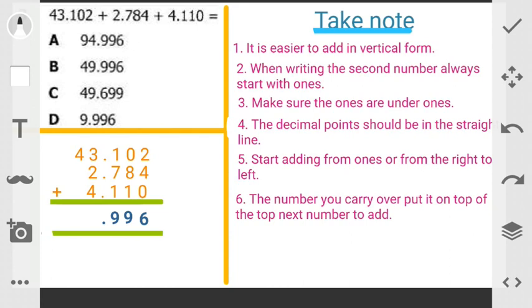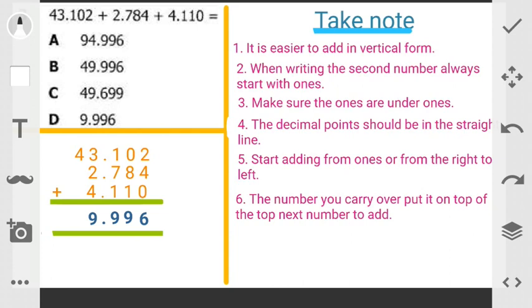We are saying 3 plus 2 plus 4. What is the answer? The answer is 9. So we have written 9 there. Then we have remained with 4, so we are just saying 4 plus 0 plus 0. What is the correct answer?